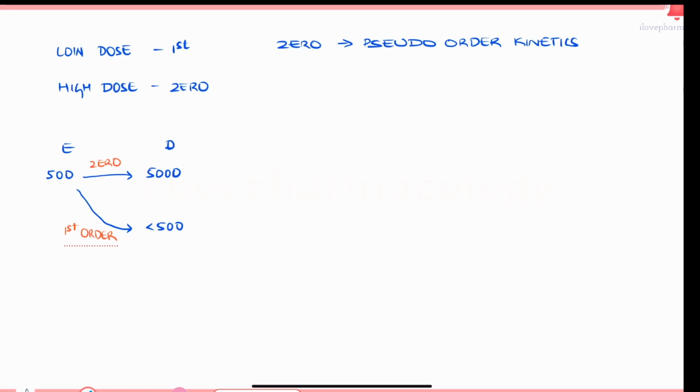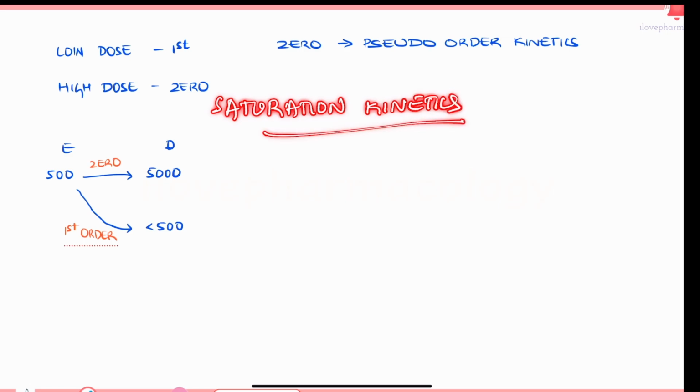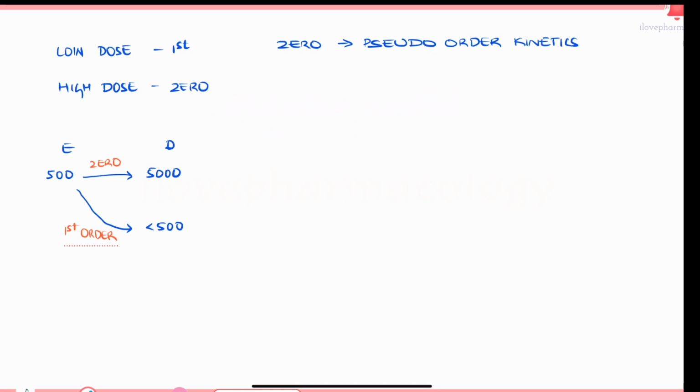That is why zero order kinetics is also known as saturation kinetics, because the enzymes get saturated and are not available for the amount of drug you are going to administer for metabolism. And also here you can see, for example, if the drug molecules are 5000 and the enzymes present in the body are 500, what happens here?